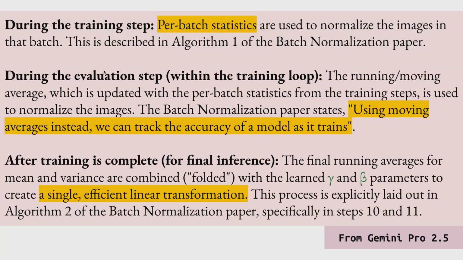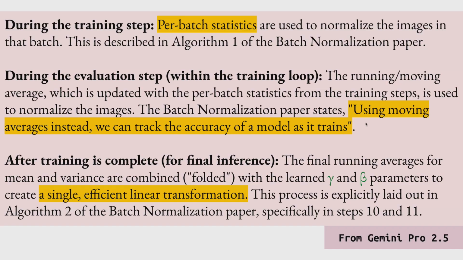All right, during the evaluation step, there is a running moving average that batch normalization stores, and it's updated with the per batch statistics from the training steps, and that's used to normalize the images during inference. And the batch normalization paper states, using moving averages, we can track the accuracy of a model as it trains.